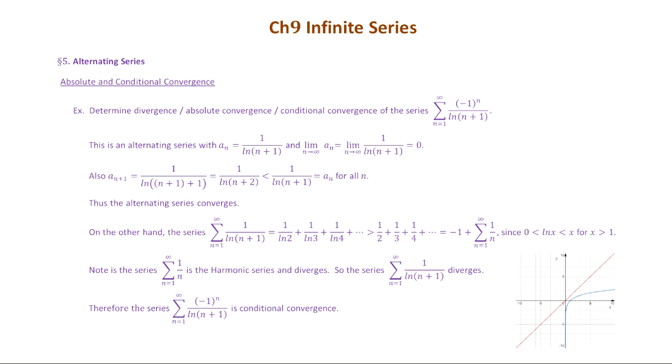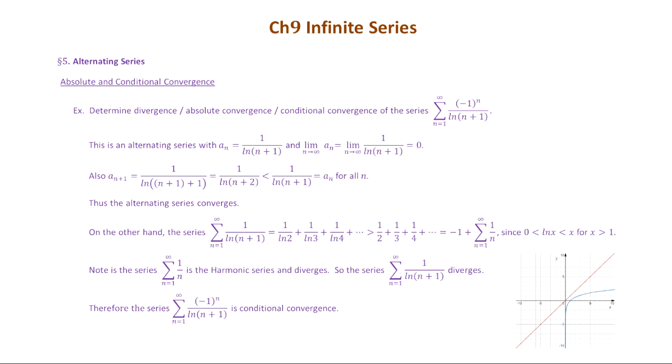And you can easily see from the graph: you've got y equal to x, and then the natural log function y equal to ln x. You can see the line y equal to x is on top of the curve ln x. So that means x is greater than ln x.